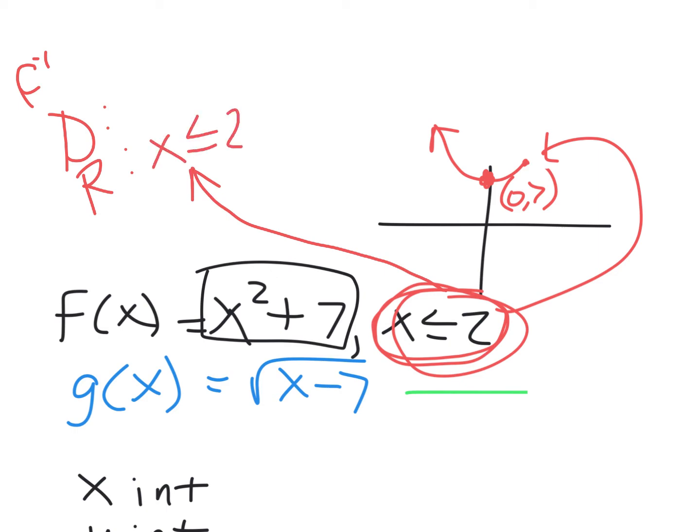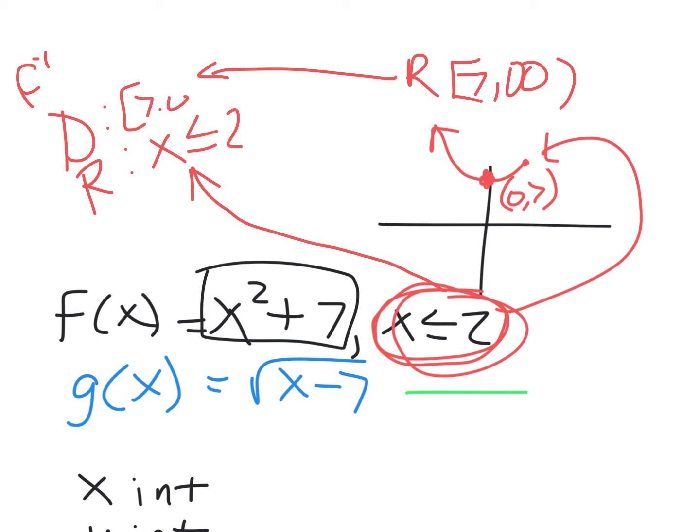And this range, which we just said a second ago was from 7 to infinity, remember that? That was the range. That range becomes the domain. 7 to infinity. You don't really have to think too much. You just have to be able to know that the domain and range from that graph can be switched around so that the inverse has the range become the domain and the domain become the range.